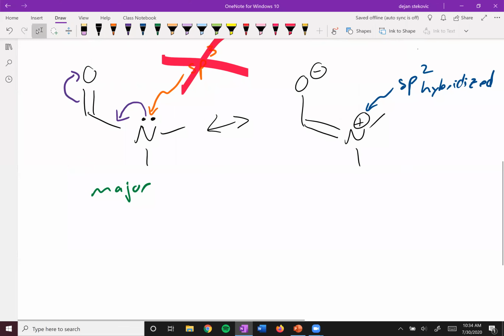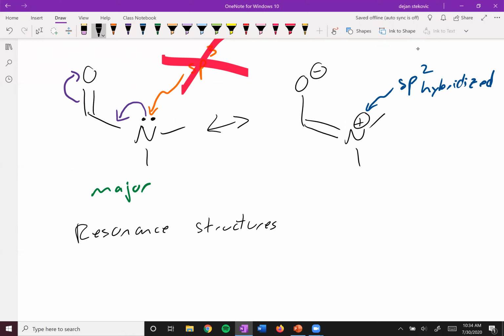And so the things to remember here is that resonance structures stabilize the compound. So the compound will be the shape in which it is, or the hybridization in which it is, to have the most stability.